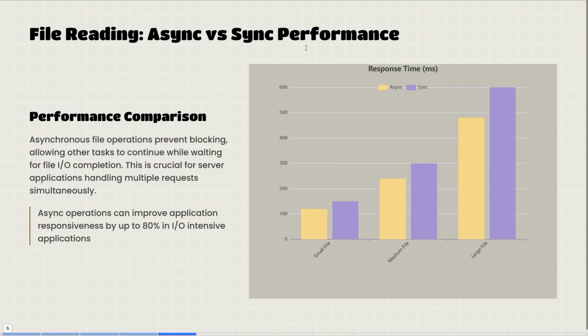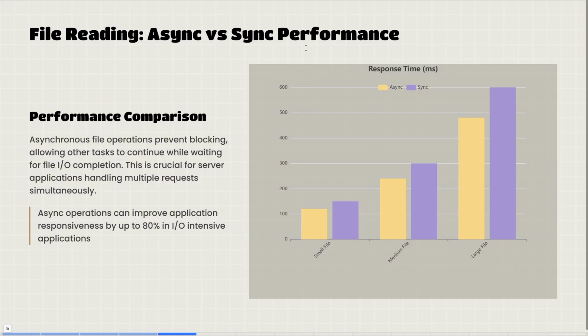Next, this slide highlights the performance difference between asynchronous and synchronous file operations. Asynchronous operations do not block the event loop, which means Node.js can continue handling other tasks while waiting for file input or output.